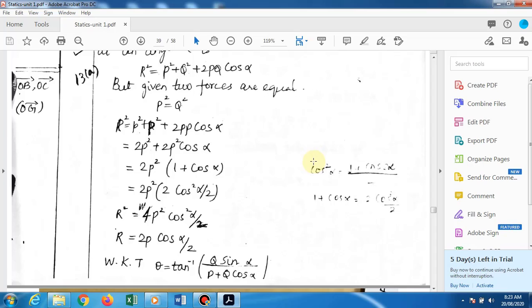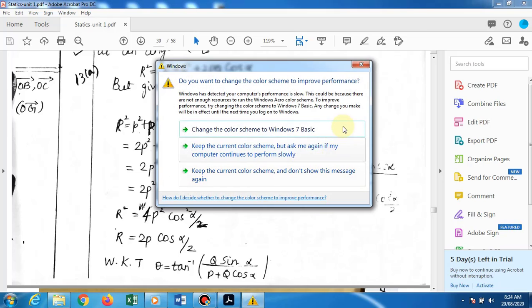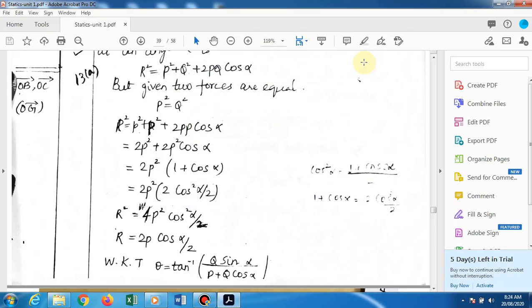This is not clear, so you write it this way. You know that cos square theta is equal to (1 plus cos 2 theta) by 2.